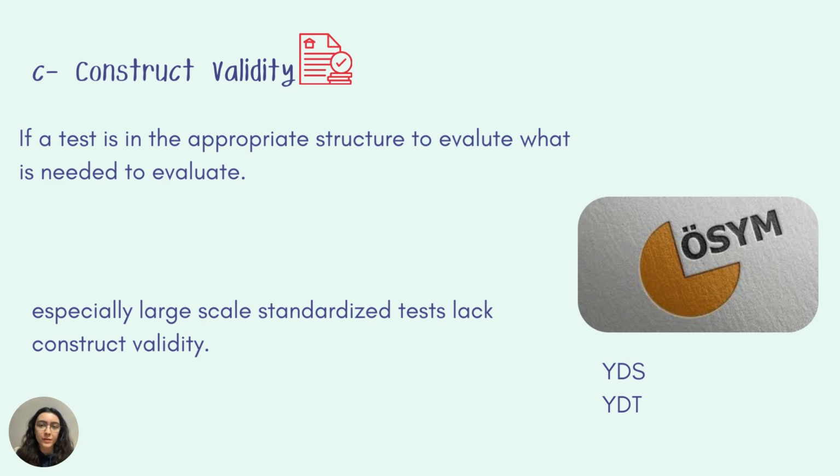For example, it's a test and it's evaluating language skills, but it's not doing other parts of language. It's just doing a written exam. Like YDS and YDT in our country are examples of this. They do not have speaking, listening, or writing parts. They just have a number of tests you take, and you have a language level.